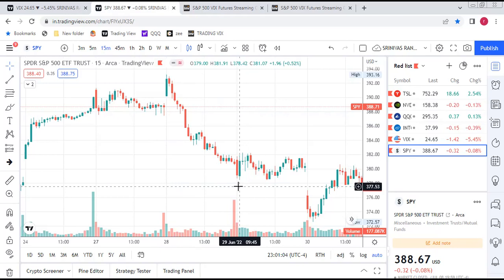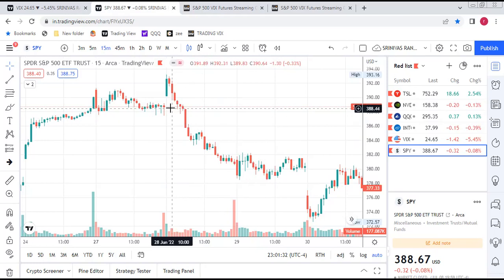If we get this intermediate supply zone signal on Friday, you can trade the same day, sir, provided it has to come in the early session, before 10, 10:30 CST. If you get an intermediate supply zone signal in VIX, then you can trade the same day expiry.